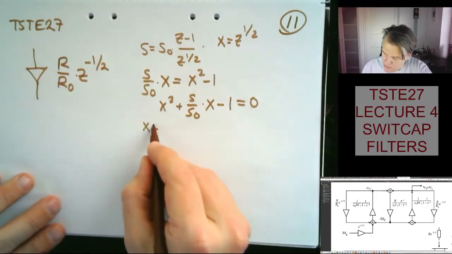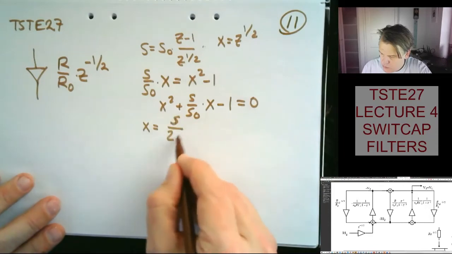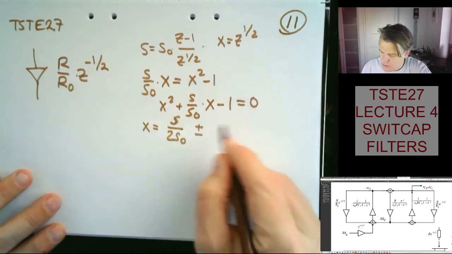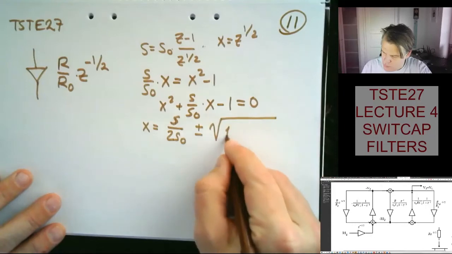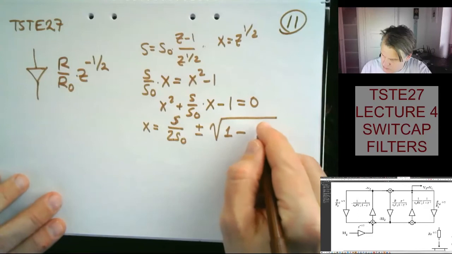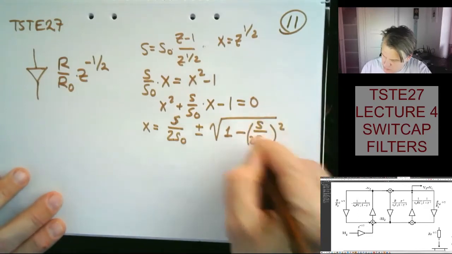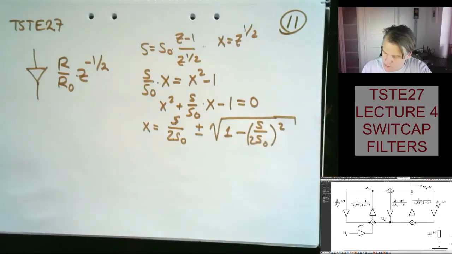And then I have X equal to a half S divided by 2 S naught plus minus the square root of 1 minus, like this.